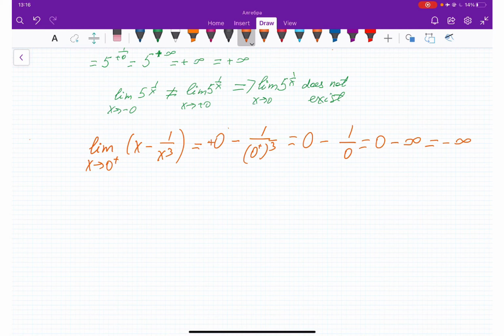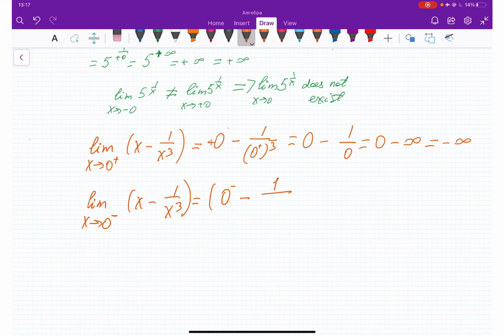Okay, so next let's do the limit as x approaches 0 from the negative side of x minus 1 over x cubed. Same 0 from the negative side, so 0 minus.